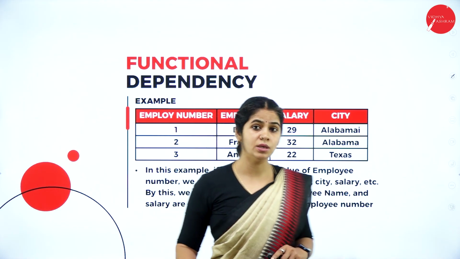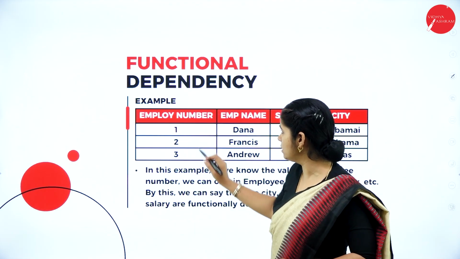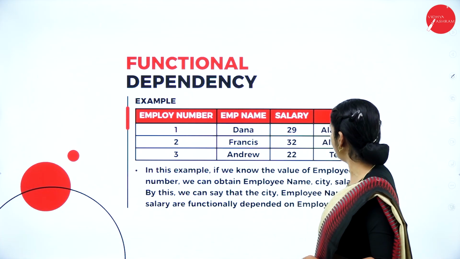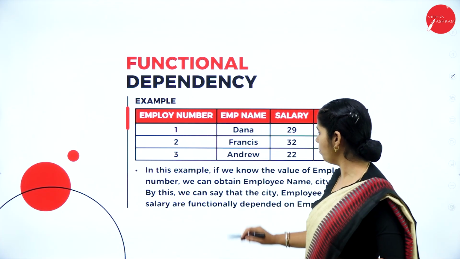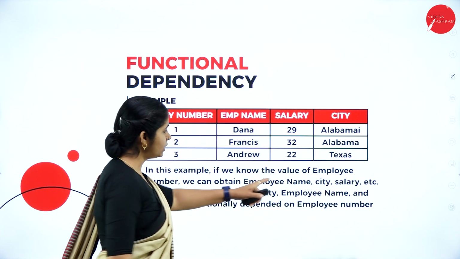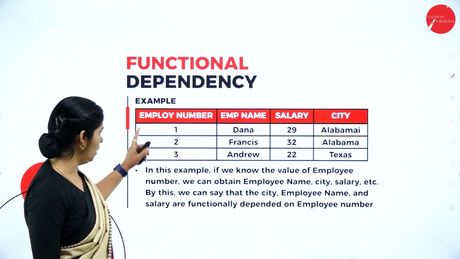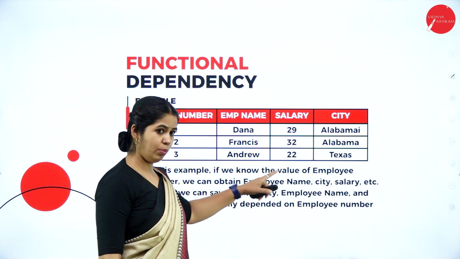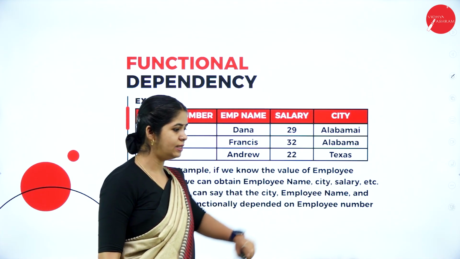Next, an example for the functional dependency: employee number, employee name, salary, and then the city. In this example, we know that from the value of the employee number, we can obtain the employee name, city, and salary.